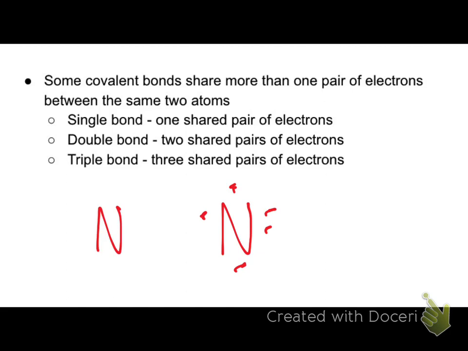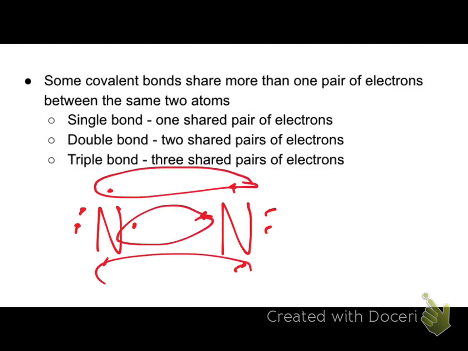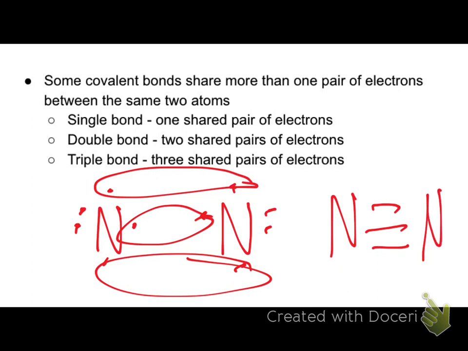These guys would need to share 3 pairs of valence electrons in order to be stable, and each have 8. We could write this with 3 lines in between and show them with their unshared pairs as well. So that would be what a triple bond looks like, 2 atoms that are sharing 3 pairs.